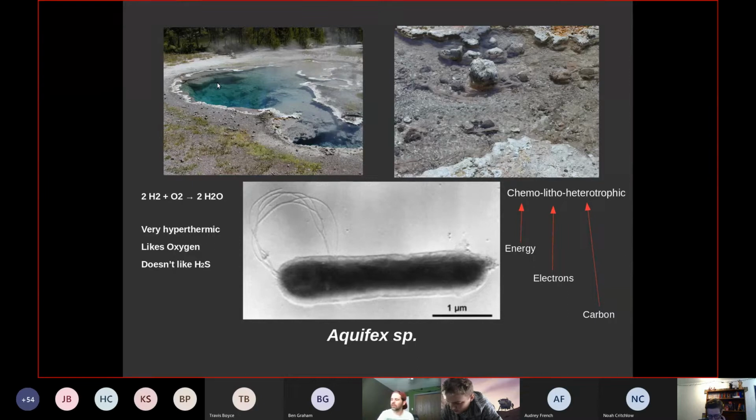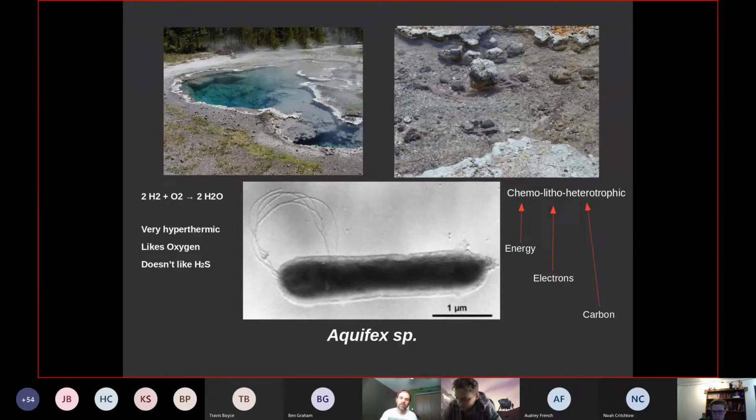So this Aquifex organism is literally limited to this stretch of 50 meters downstream from these hydrothermal vents. That's the only place on Earth that it can grow naturally, where it's hot enough, it's got that hydrogen, and it doesn't have the H2S, and it's out in the sunlight.